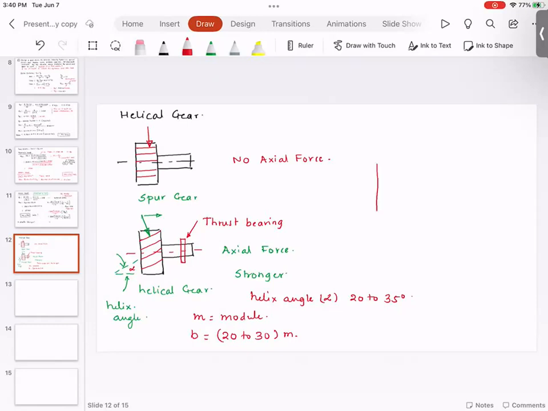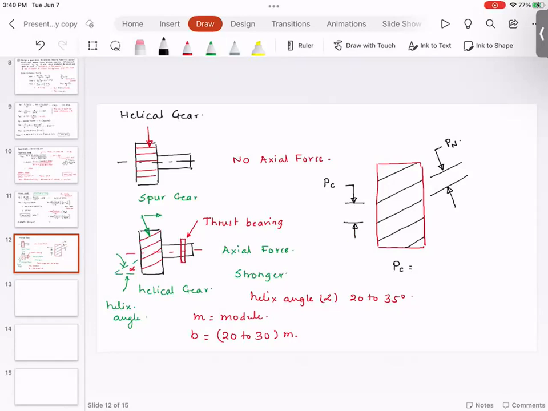So let's look at the nomenclature of the helical gear. What I'm going to show you, this is Pn, this is Pc.